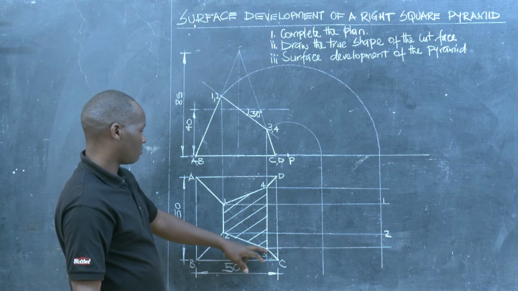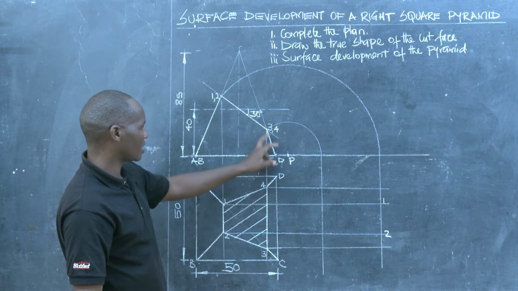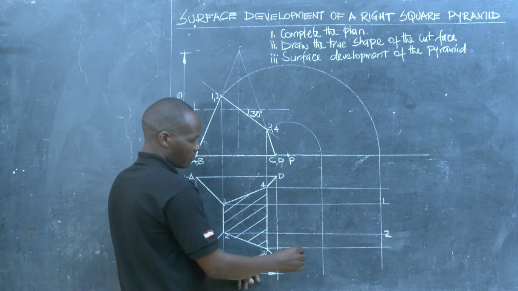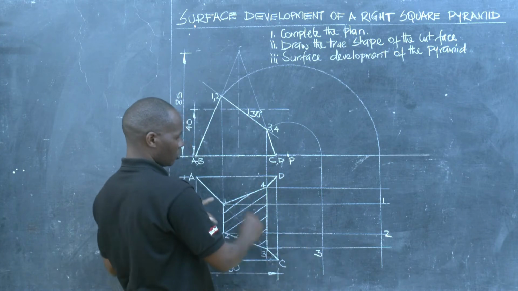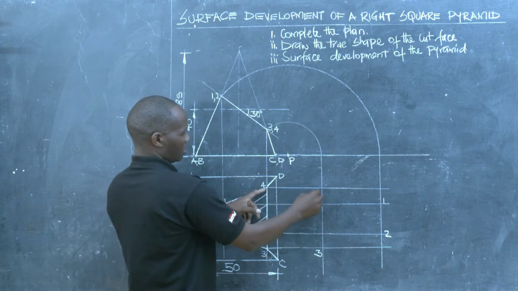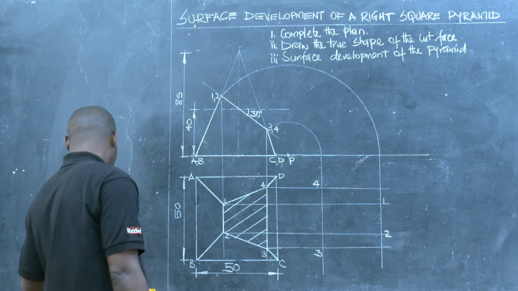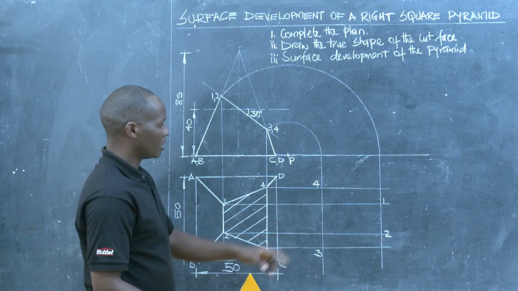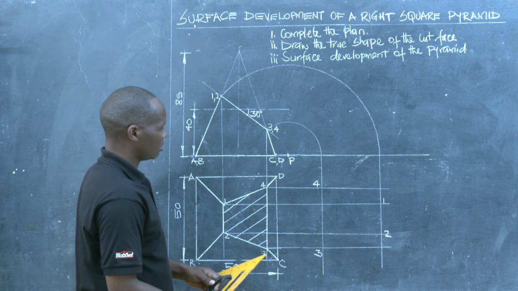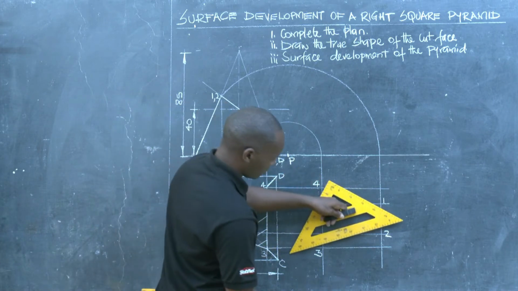Therefore, where the horizontal line from point 3 interacts with the curve 3, 4, that should give us point 3. And of course, point 4 will be there. Therefore, what is required now is to join the 4 points with straight lines to define the true shape.